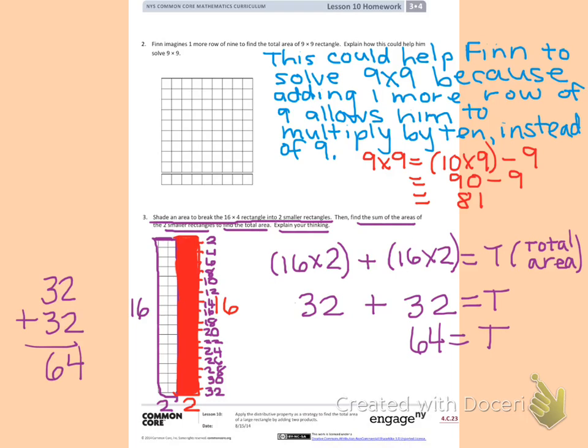Find the sum of the area. So let's go ahead and write that in words.